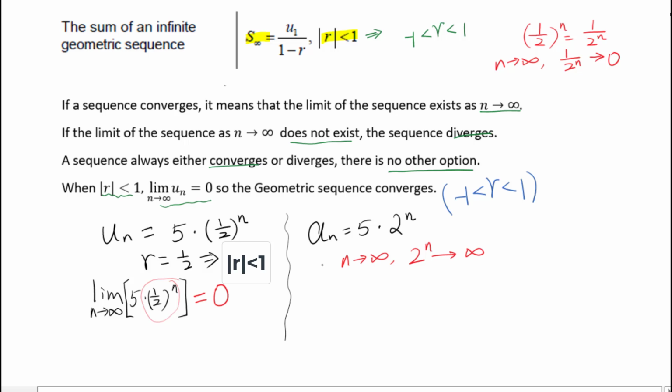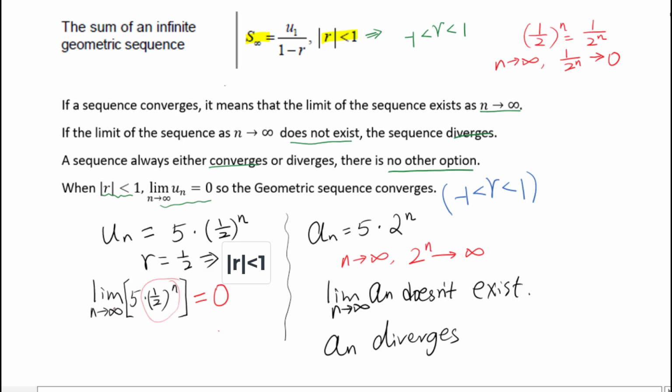In other words, the limit as n approaches infinity of A sub n doesn't exist. So A sub n, this geometric sequence, diverges. Since the limit as n approaches infinity of U sub n equals 0, we see U sub n converges.